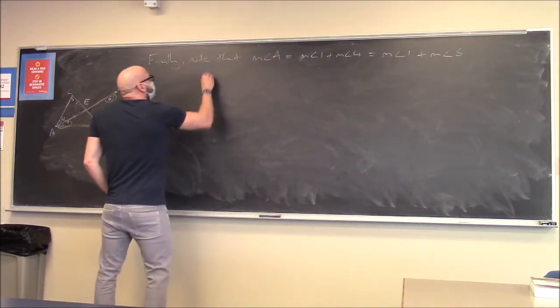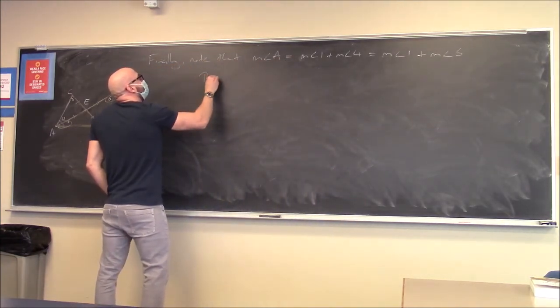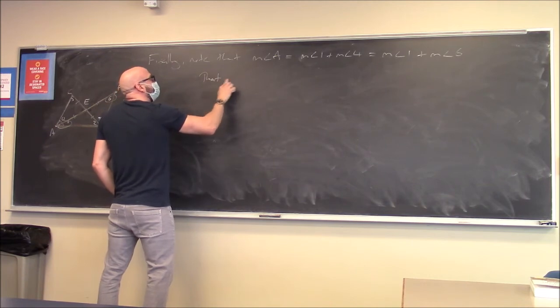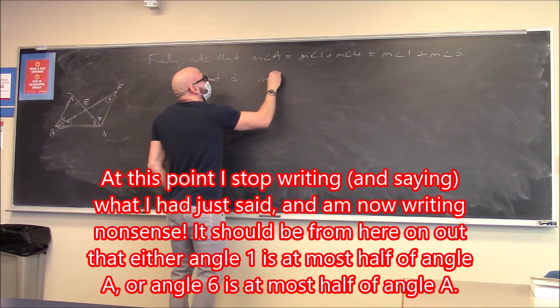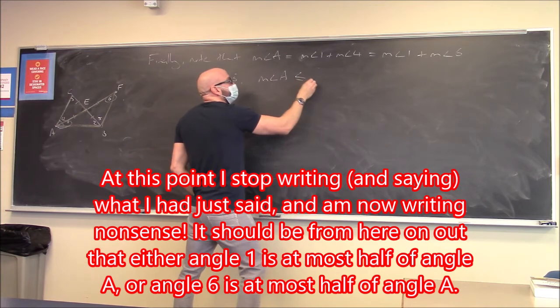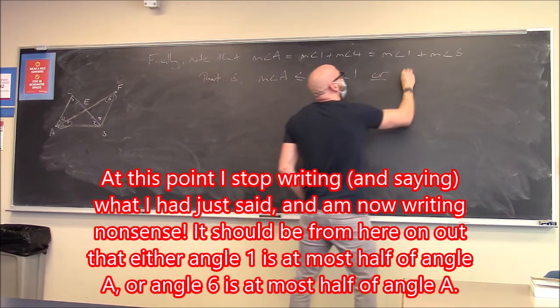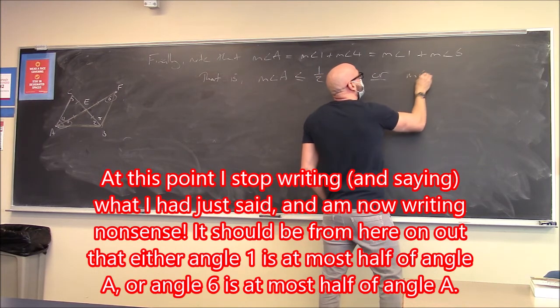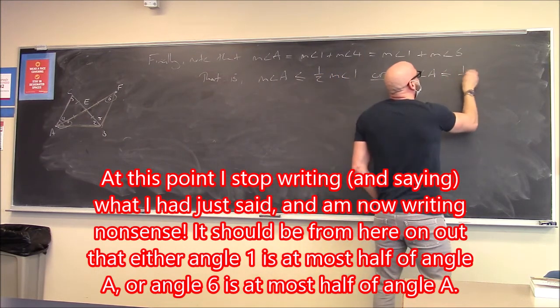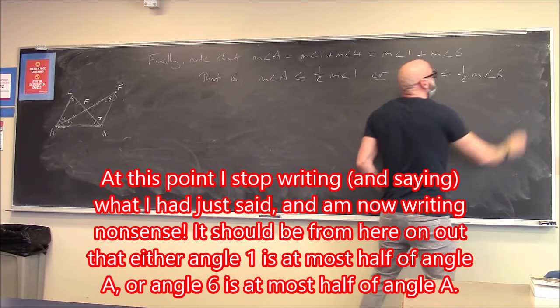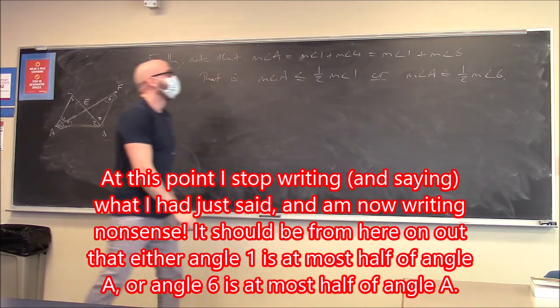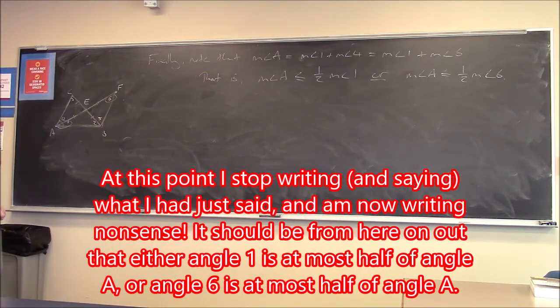So that is measure of angle A is less than or equal to 1/2 of measure of angle 1, or measure of angle A is less than or equal to 1/2 of measure of angle 6. One of those two things has to be true, right? Because it's equal to the sum of both of those angles, angle 1 and angle 6.